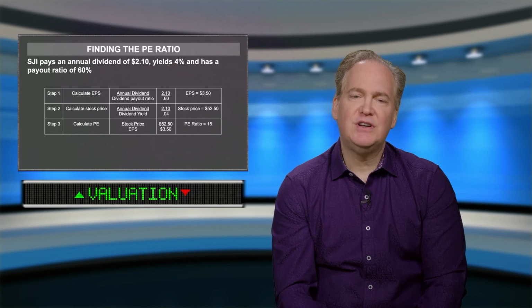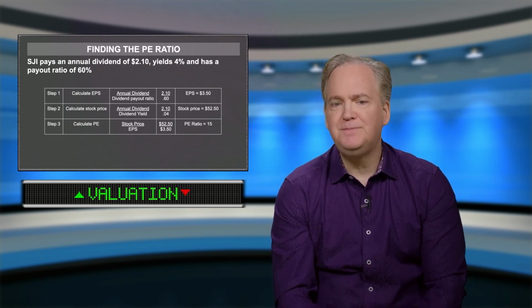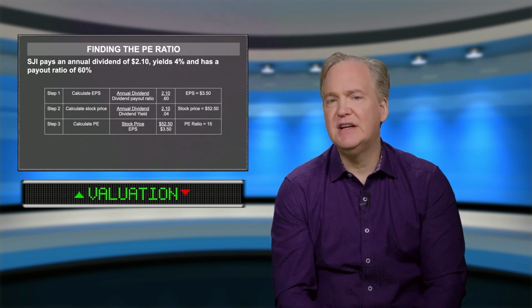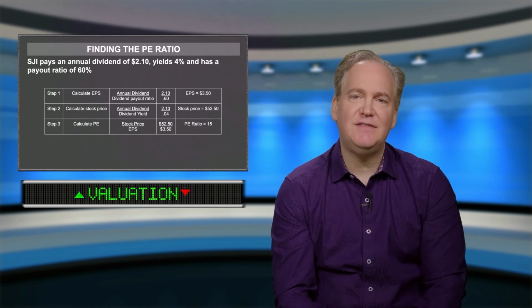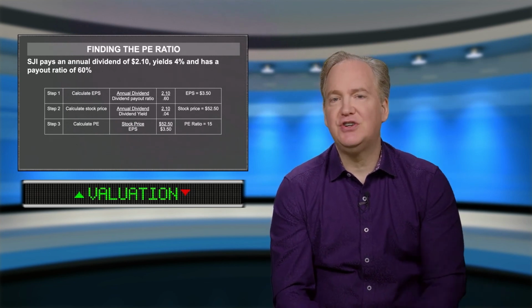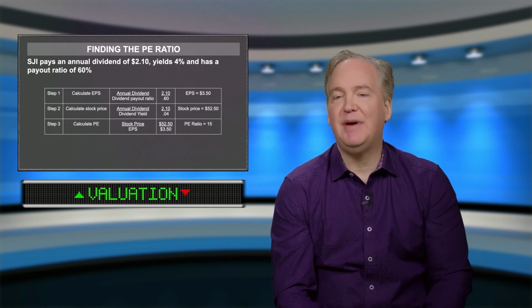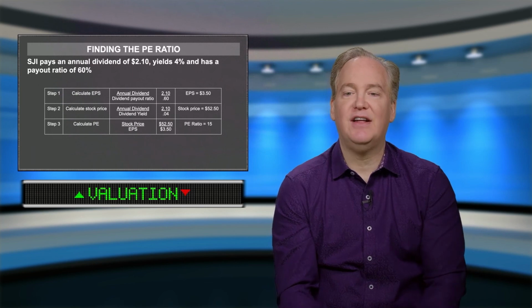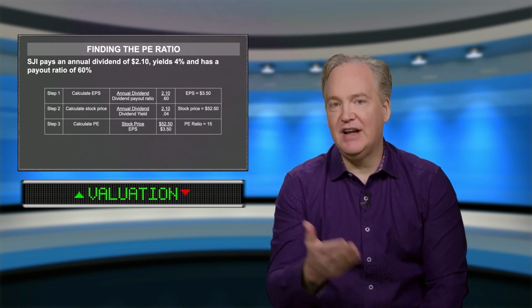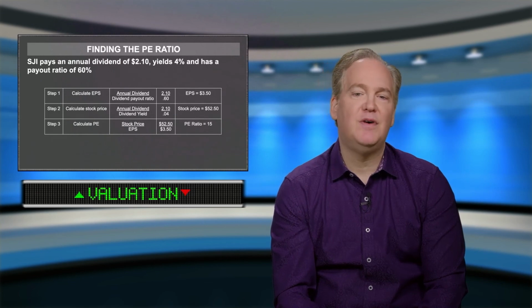It's also important to note that while we have three steps up on the screen for you, each one of these steps in and of itself could be the answer to a question. So they could give you the annual dividend and the dividend payout ratio and ask you to calculate the earnings per share. And we make that calculation and we're done with the question and we move on.